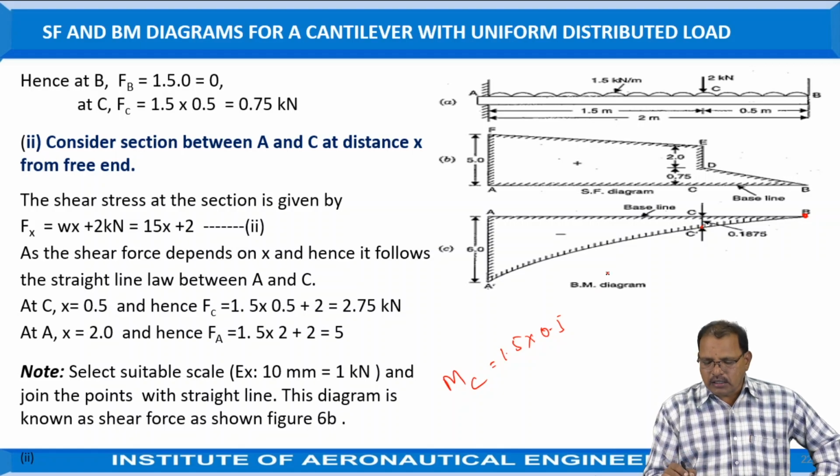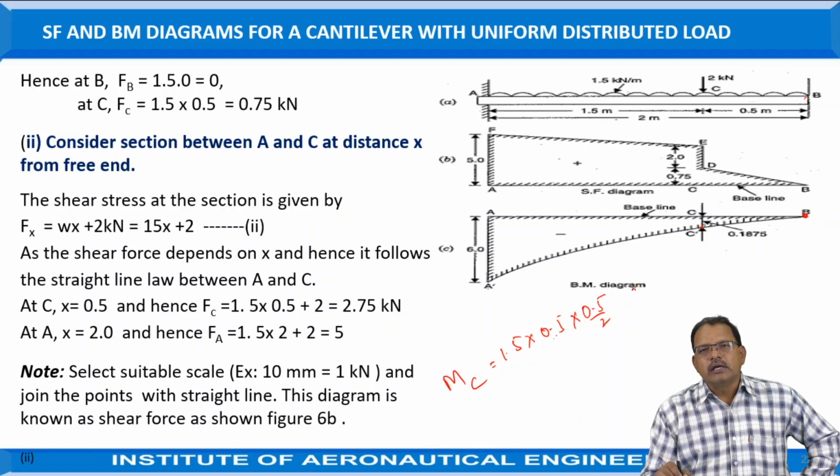But it is acting in the middle because it is a uniformly distributed load, so we can take it as 0.5 by 2. That is W into x by 2. Since it is a negative hanging effect, you have to take it as negative. So represent this point, the value is equal to 0.1875.